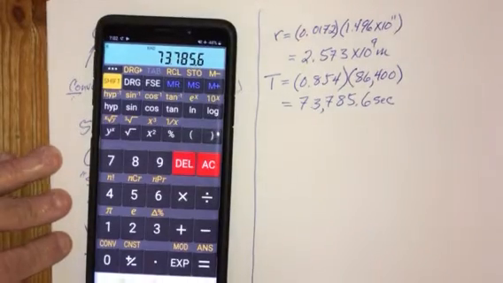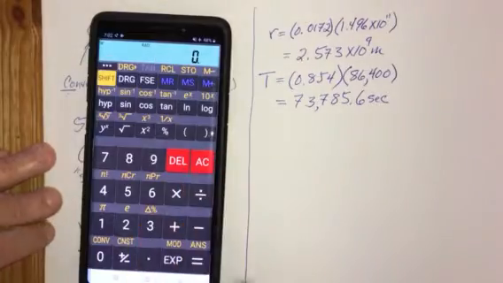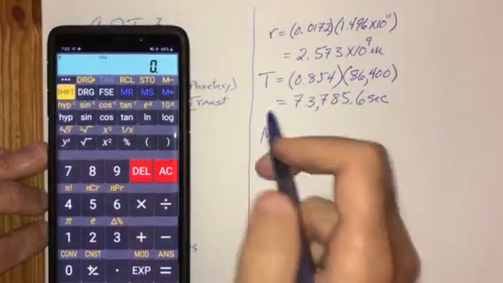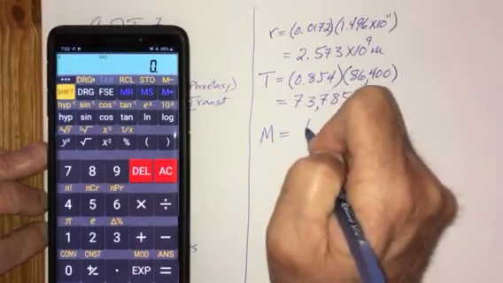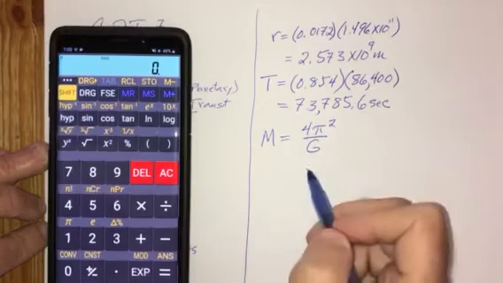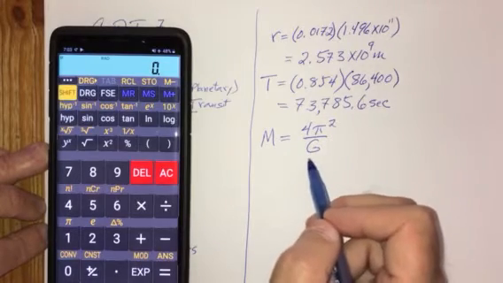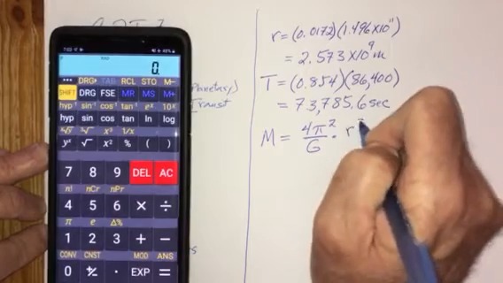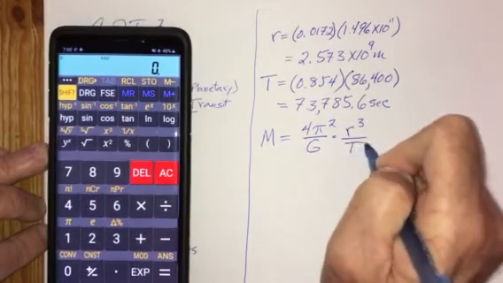Okay, so how are we going to calculate the mass of this star? Well, the equation that we're going to use is the mass M is equal to 4 pi squared over capital G, where capital G is the Newton's universal gravitational constant. And then we'll multiply that by r cubed divided by t squared.